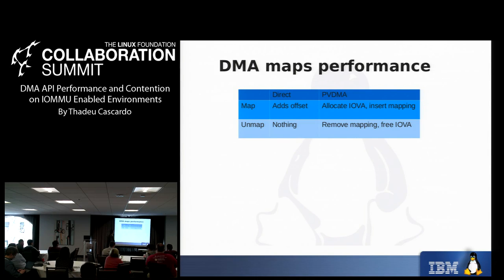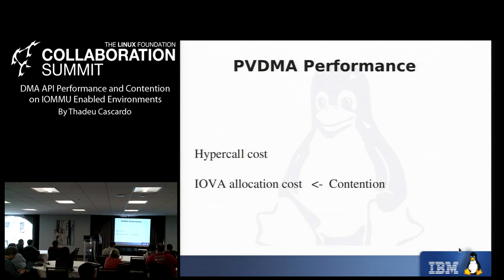When we unmap, we have to remove that mapping and release that allocation. So the performance of PVDMA involves a hypercall cost or something similar, and the IOVA allocation cost. And that's where we have some contention. If we have too many threads trying to do that allocation, it may have some problems, and I'll try to show that.